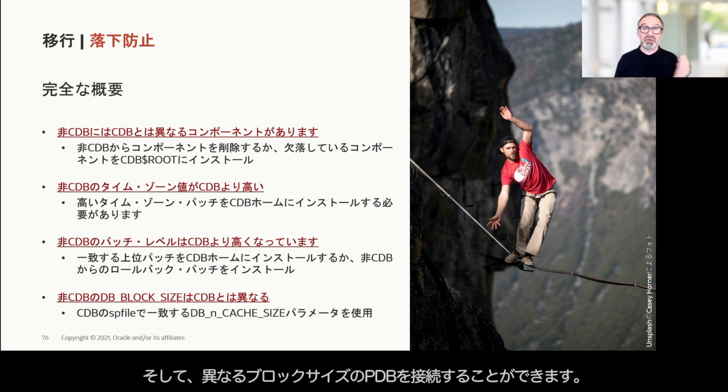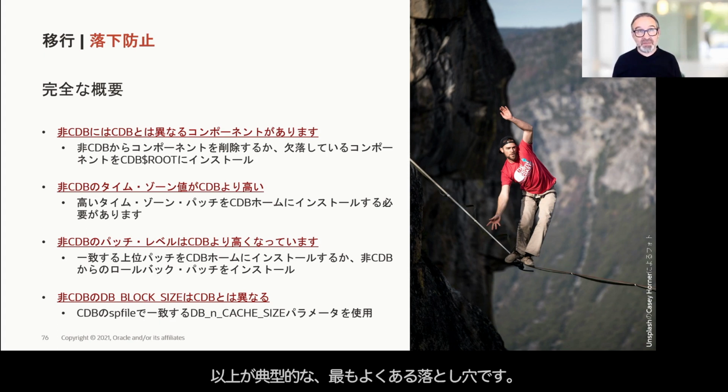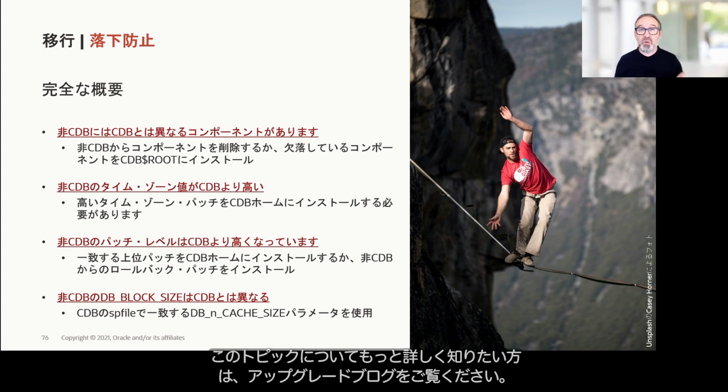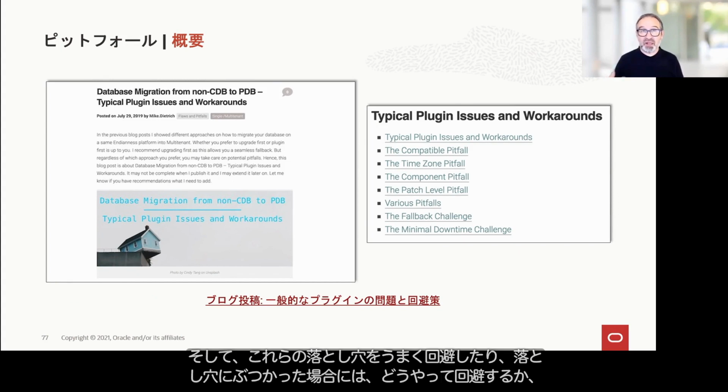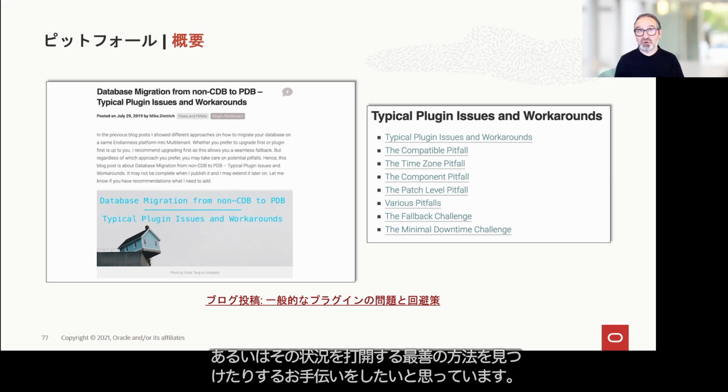And then you can plug in your PDB with different block sizes. These are the typical most common pitfalls. And if you like to dig more into this topic, please go to the Upgrade blog, because there we have summarized all these pitfalls. And we would like to help you really maneuvering around these pitfalls, or if you hit them, find a solution how to avoid them, or what the best way out of that situation is.